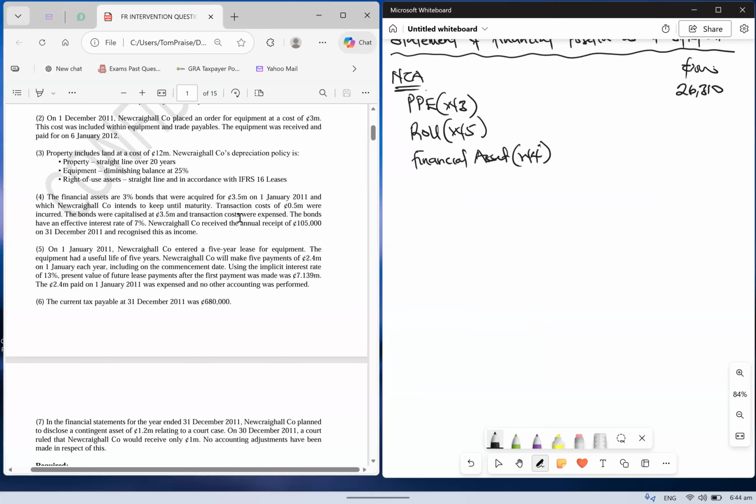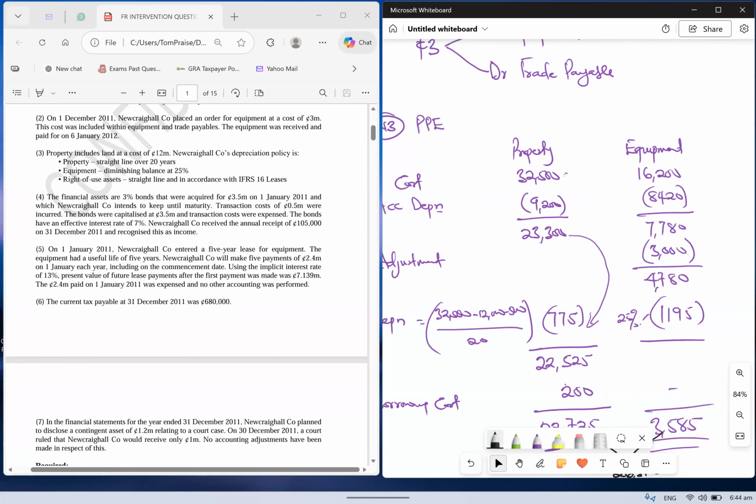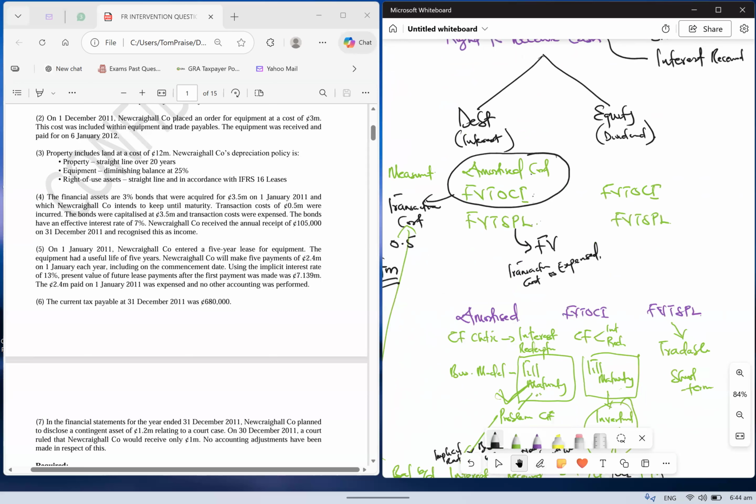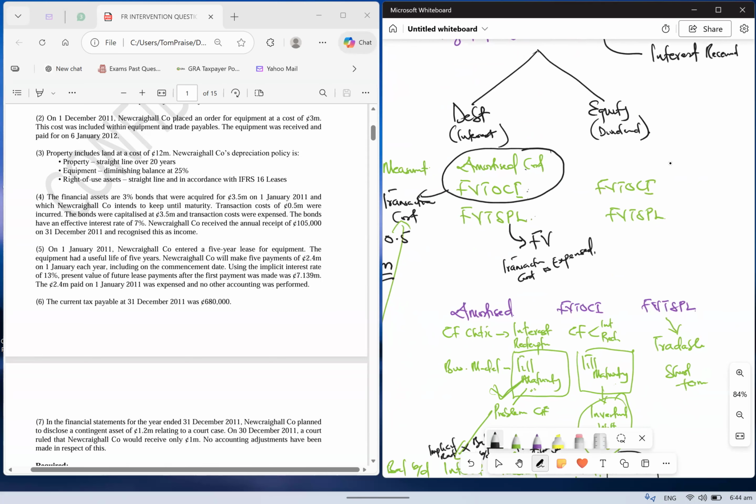The transaction cost was expensed. The bond was capitalized at 3.5, and no, then it means we didn't do something. I told you, you only expense the transaction cost when the thing is fair value through P&L.